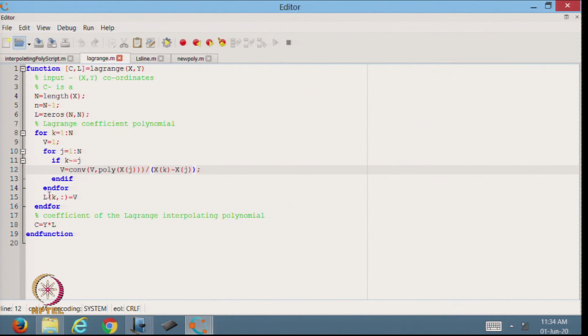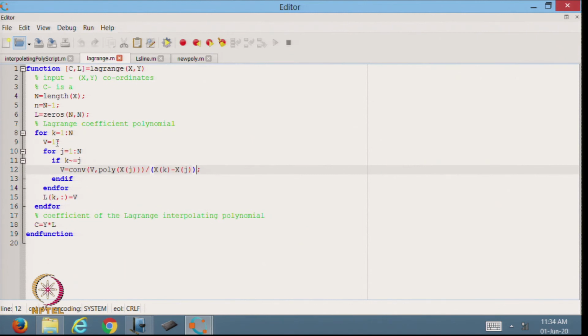You can see that k is equal to 1, so the first value will be saved in the first row, then the second row, then the third row, then the fourth row. So I have a total of n Lagrangian fundamental polynomials, and their values will be saved in the L matrix.